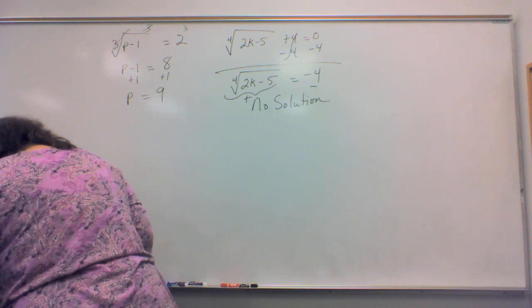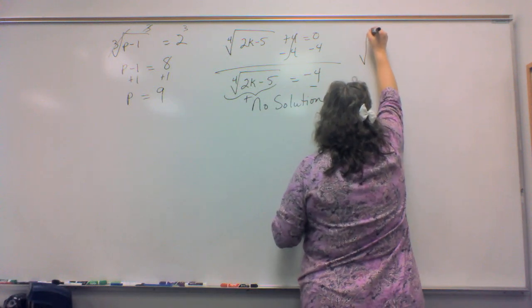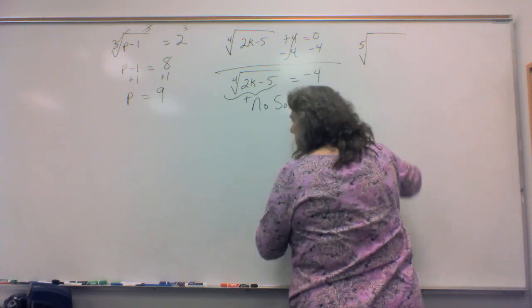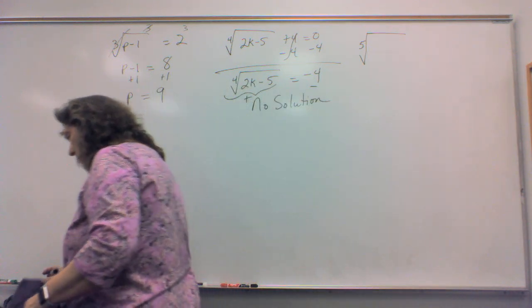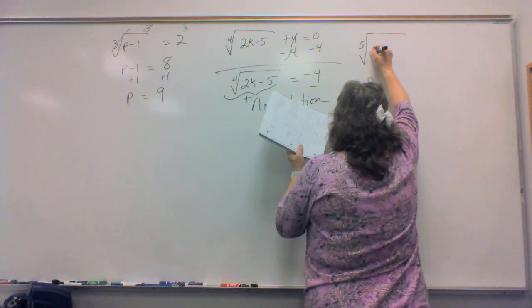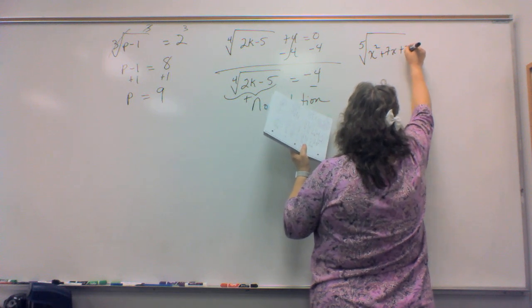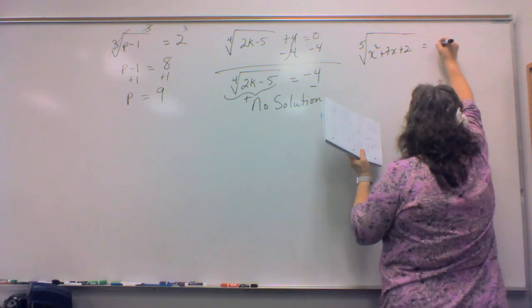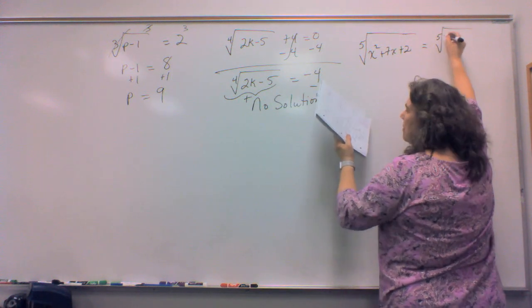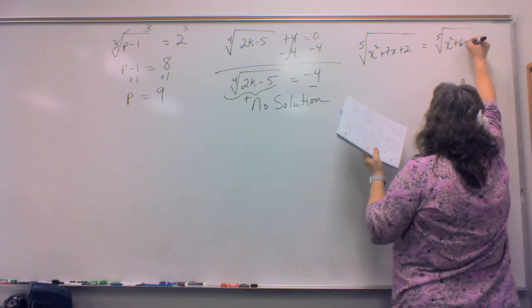Okay, let's look at one more. Fifth root. The fifth root of x squared plus 7x plus 2 is equal to the fifth root of x squared plus 6x plus 1.